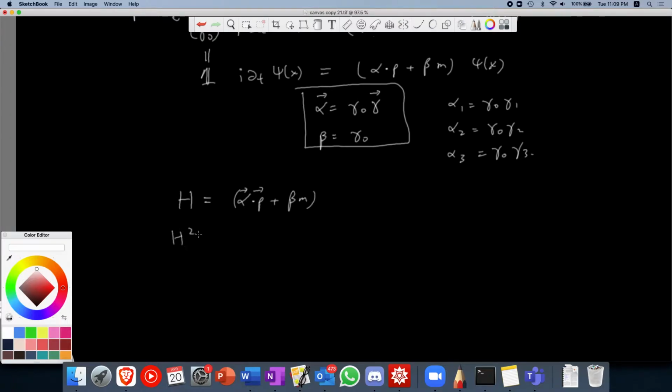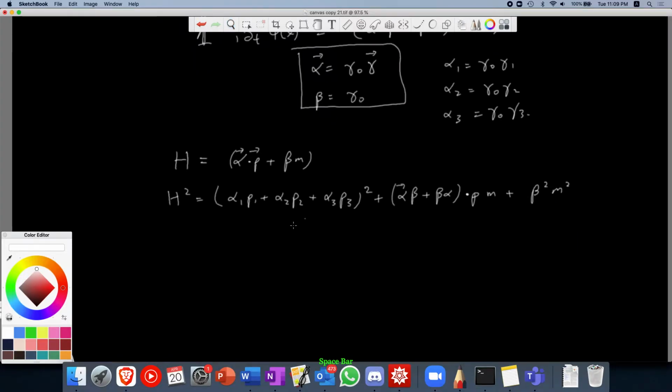Then H squared is equal to alpha 1 p1 plus alpha 2 p2 plus alpha 3 p3, squared, plus the cross terms, but remember that it's not commutative, so we need to be careful. So we have alpha beta plus beta alpha, dot p m, plus beta squared m squared.